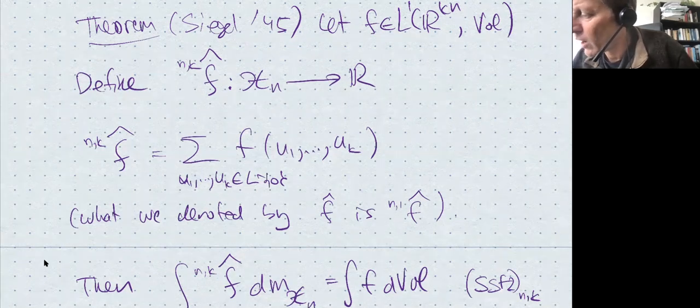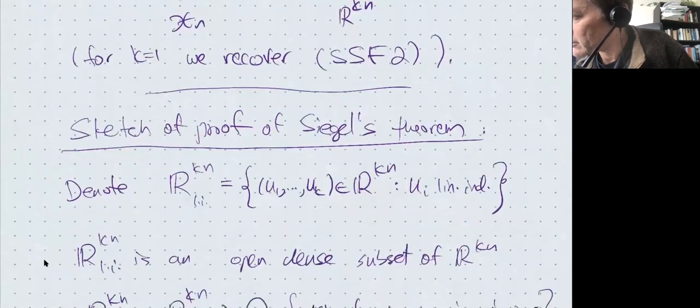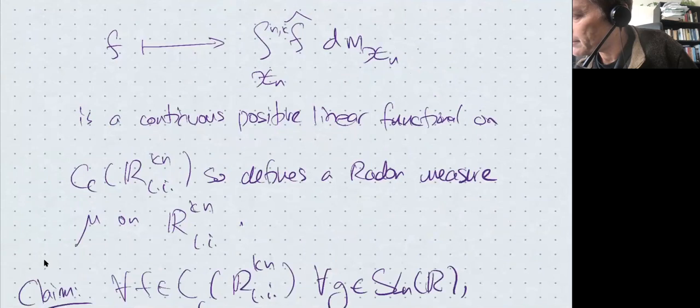So let me first explain why this statement shows that the original f hat is in L^k. Let's write that as a corollary.